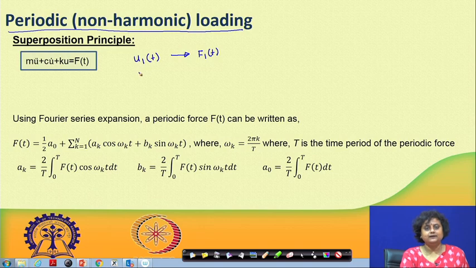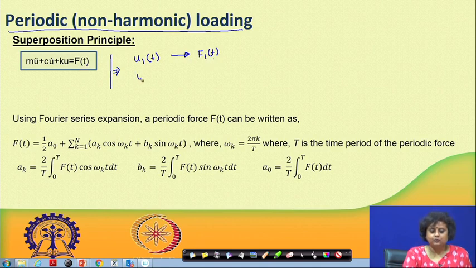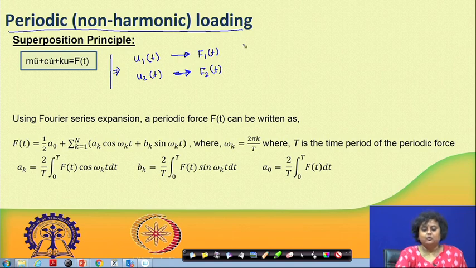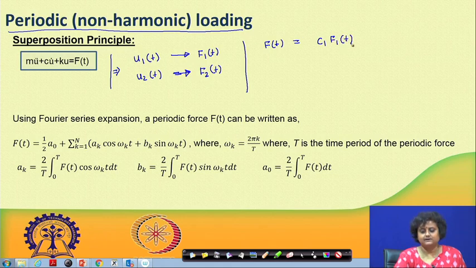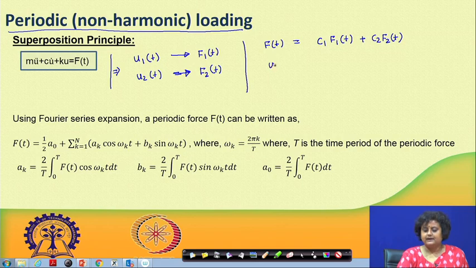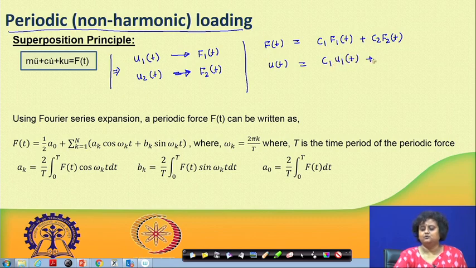So, let me repeat, u1(t) is the response of this system to F1(t), and u2(t) is the response of the system when the applied force is another force, F2(t). Now, the superposition principle says that if I apply a force F(t) which is a linear combination of F1(t) and F2(t), that is, C1 into F1(t) plus C2 into F2(t), then the response of the system is going to be the same linear combination of u1(t) and u2(t). So, this is called the principle of superposition.